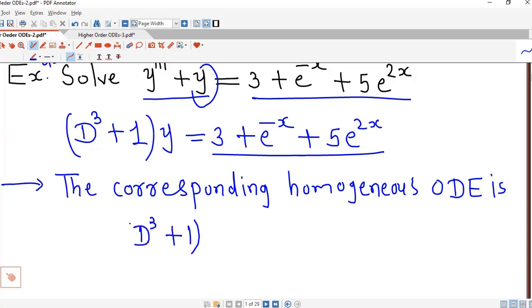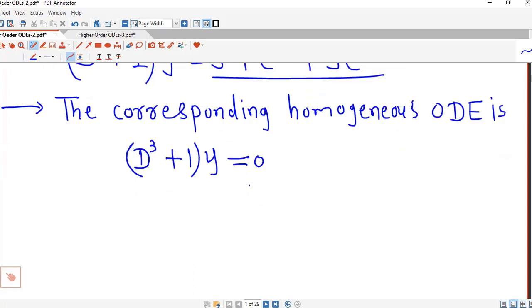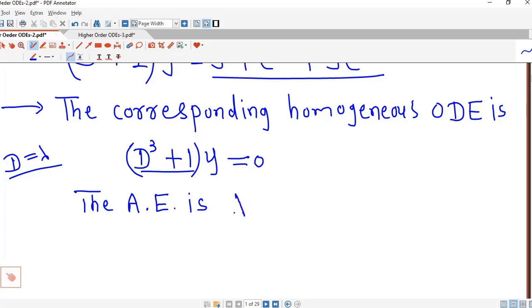So that is D cube plus 1 y equal to 0. So first we solve this differential equation. To solve this homogeneous equation, we have to write the auxiliary equation, and for the auxiliary equation we substitute D equal to lambda. So the auxiliary equation is lambda cube plus 1 equal to 0.